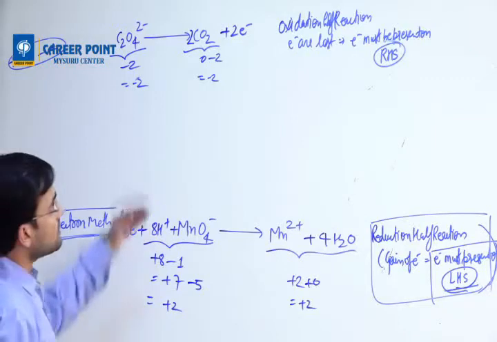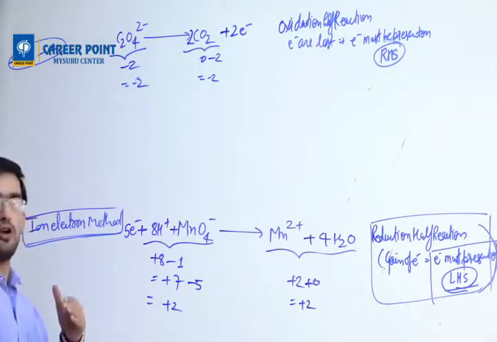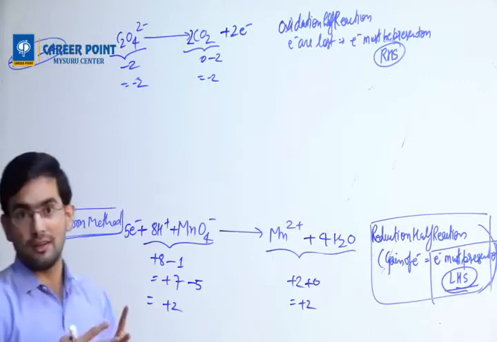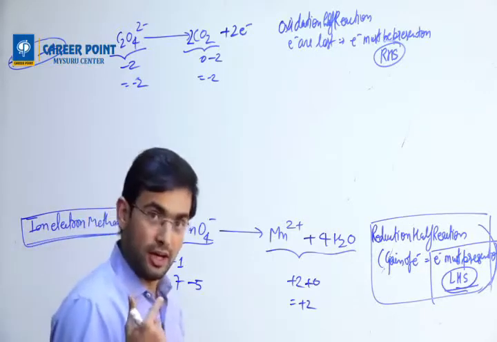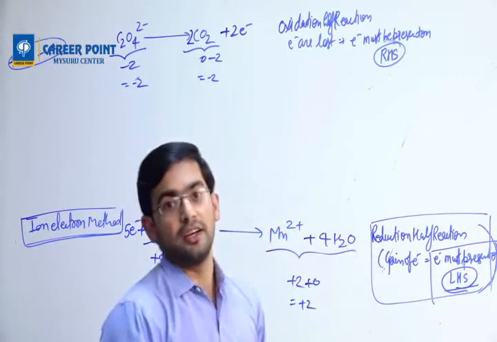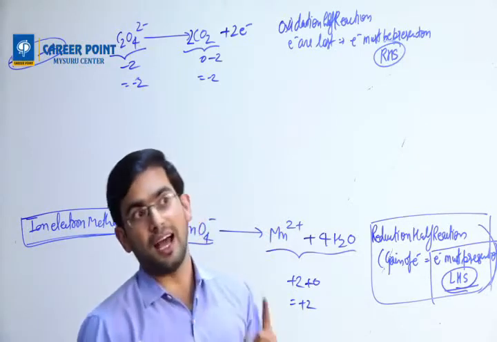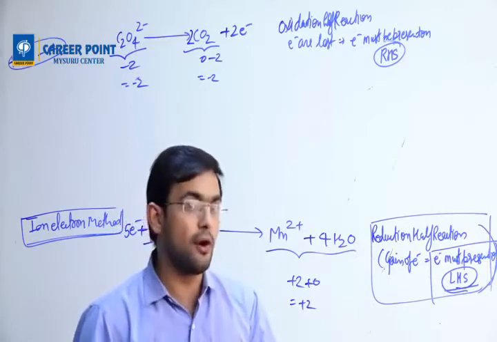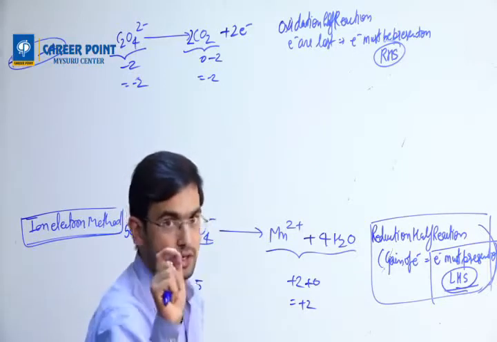Now, once I do this, the next point here is I am going to add, because these are two reactions. I don't want to get two reactions. I want to get only a single reaction. In order to get a single reaction, I have to what? Add. Correct? But before I add, there is one concept.